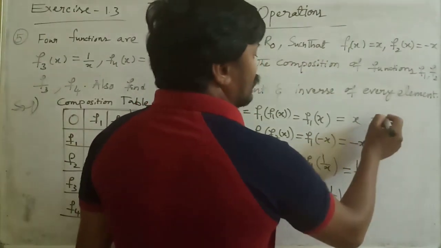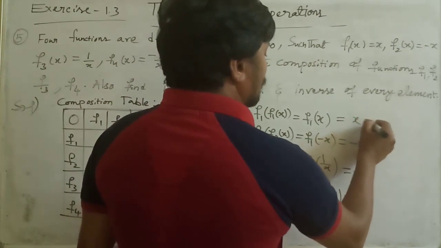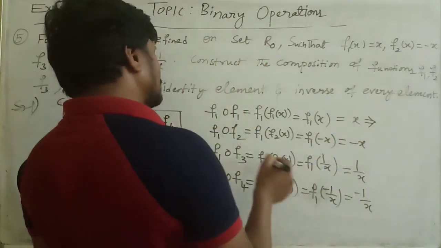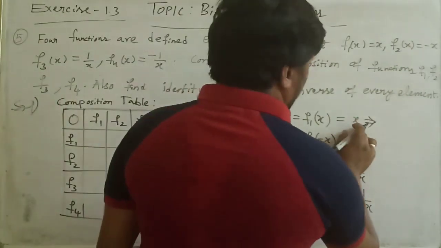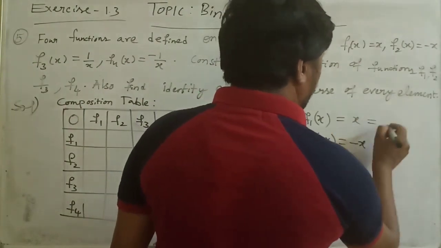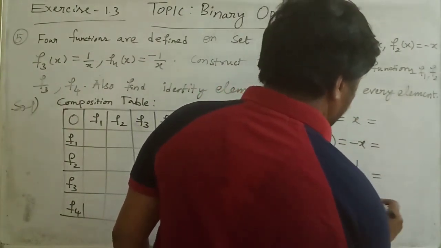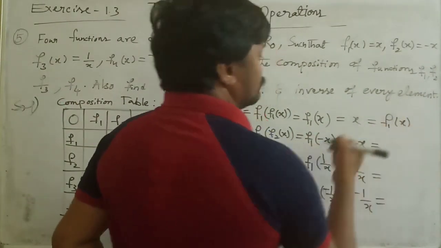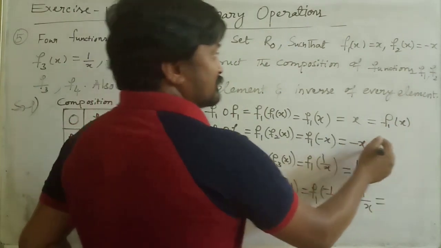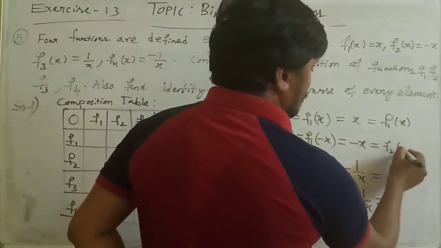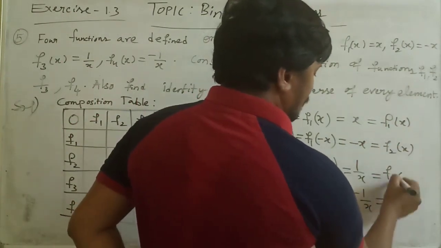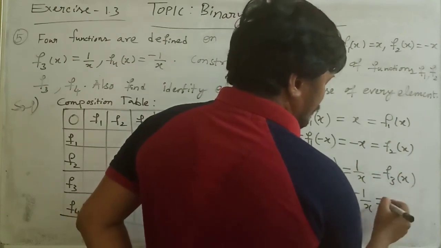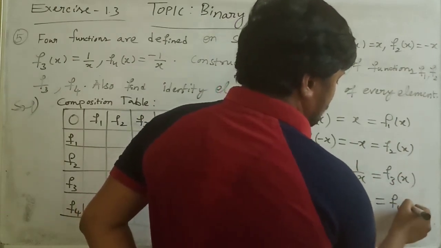Now check carefully. x means f1 of x, then minus x means f2 of x, 1 upon x is f3 of x, minus 1 upon x is f4 of x.